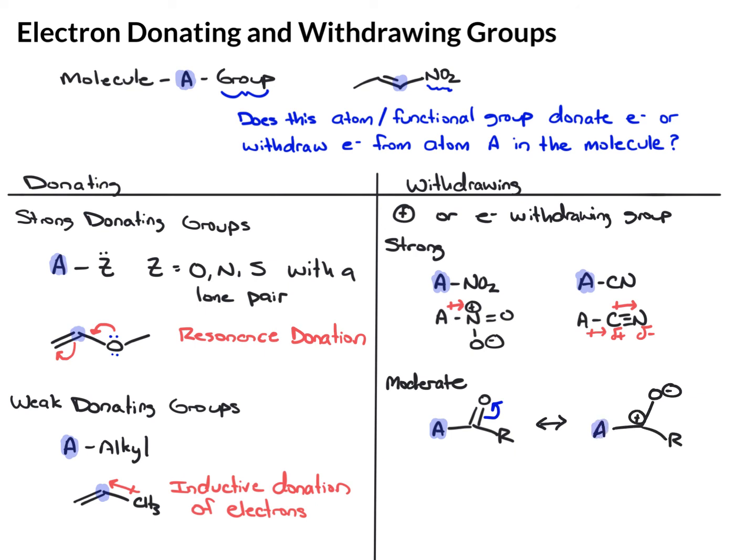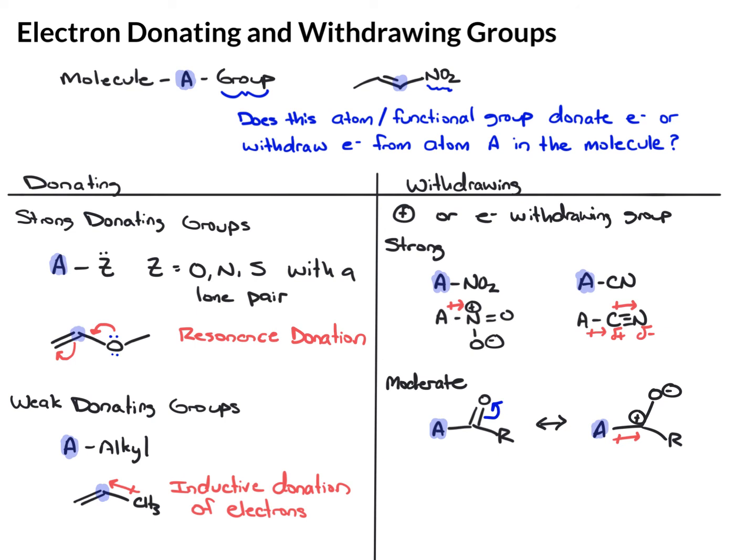What we find is the resonance structure puts a positive charge next to A. So again, that's pulling electrons towards itself. Just like that. So because of that, the carbonyl is withdrawing electrons from A, so it's a withdrawing group.